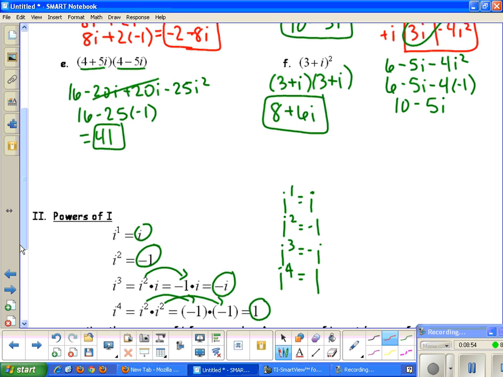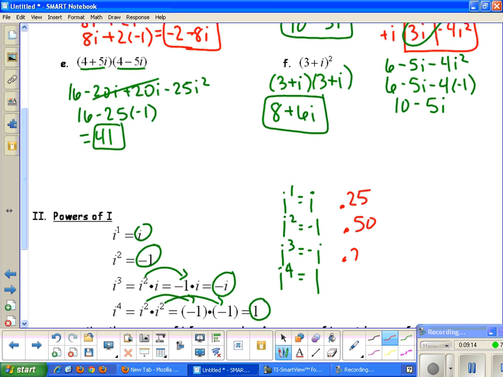Anytime I have a remainder with 1 left over, I know it's going to be equal to i to the first power, which is the same thing as 0.25 because you have 1 out of 4 for the cycle. Anything with a remainder of 0.50 would be like 2 out of 4, so 50.